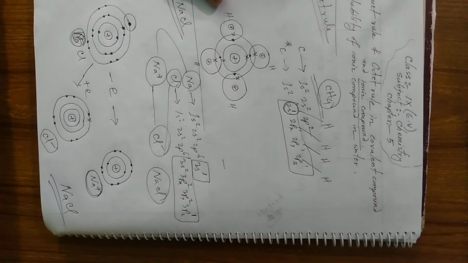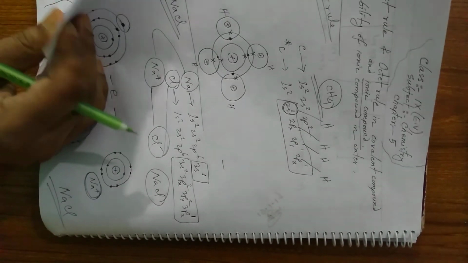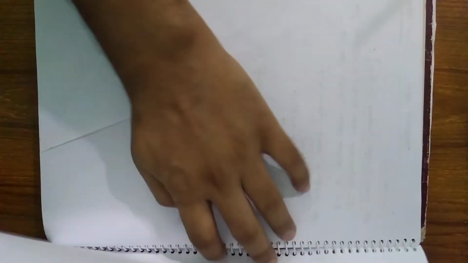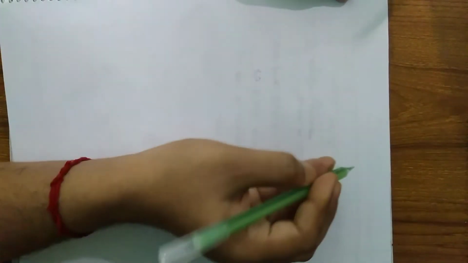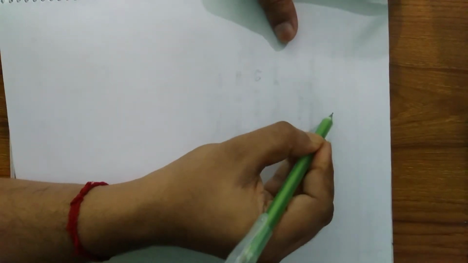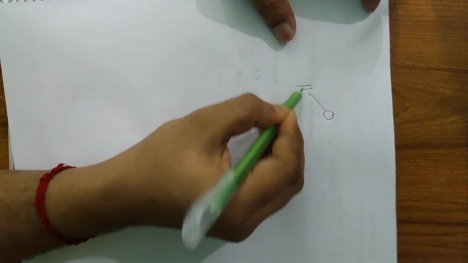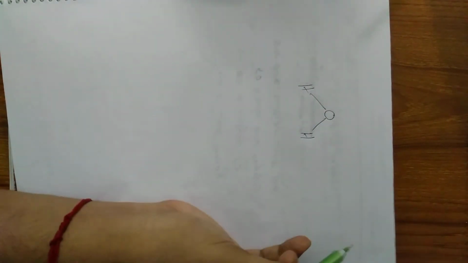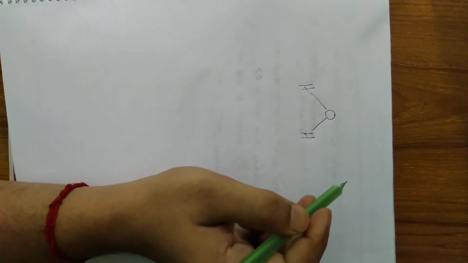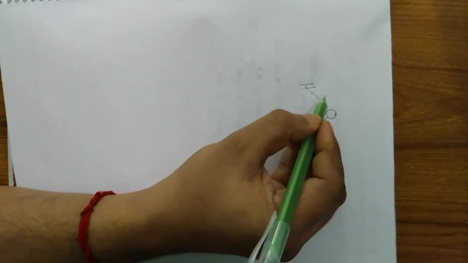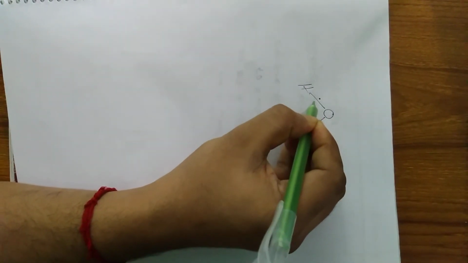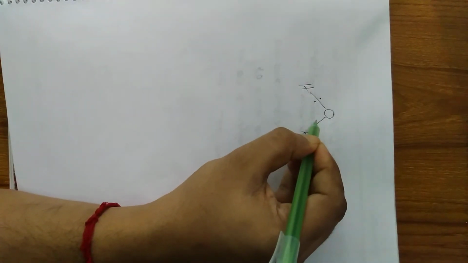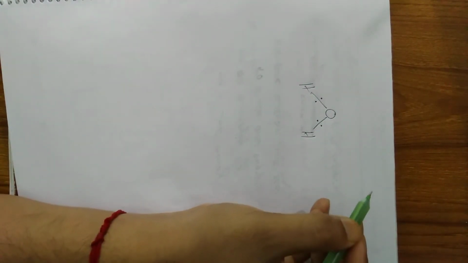Next topic, solubility of ionic compound in water. If we see the structural formula of H2O, this is one covalent bond, this is another covalent bond.